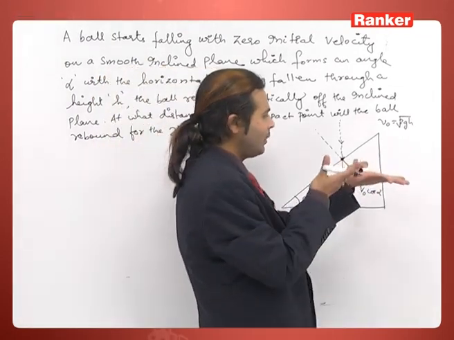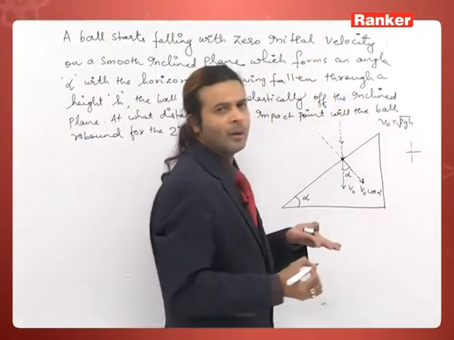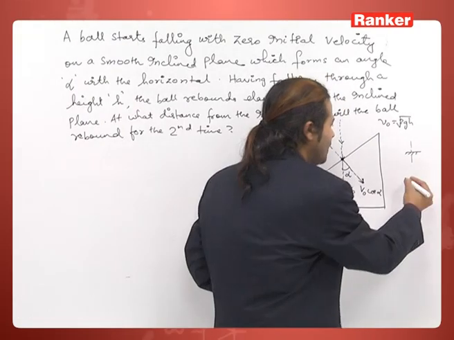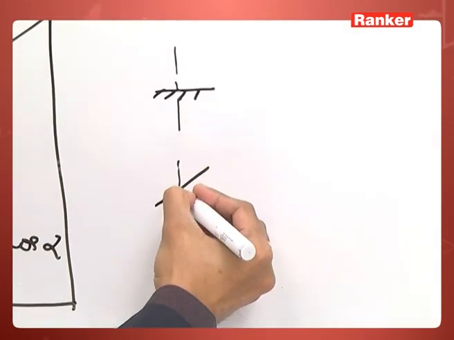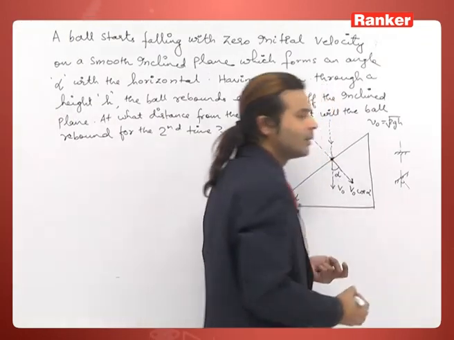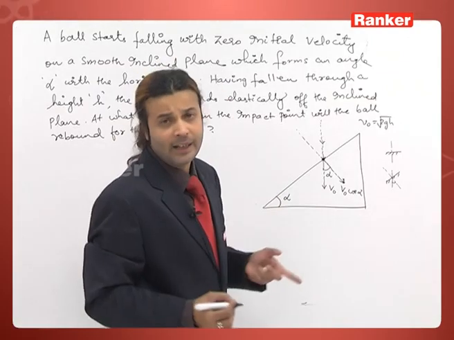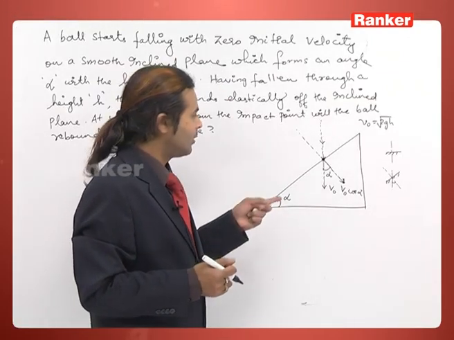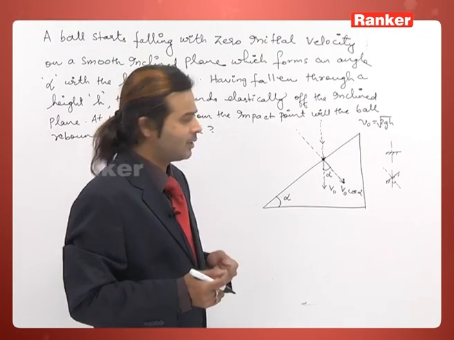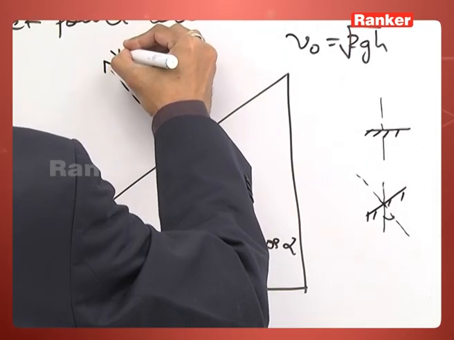If it is horizontal, then there is no purpose of taking the components here. But if the impact surface is like this and the velocity is like this, you should always take the component perpendicular to the impact point. And in elastic collision, the velocity perpendicular to the impact point remains unchanged. So this is v naught cos alpha.